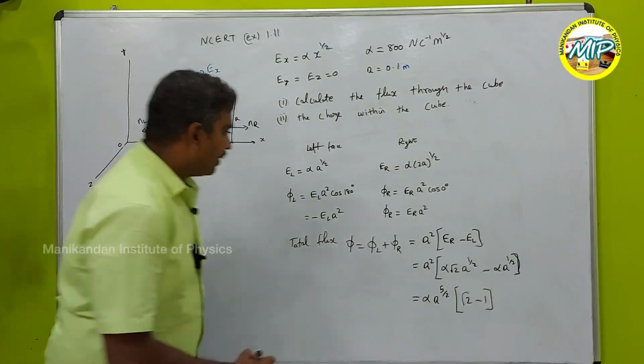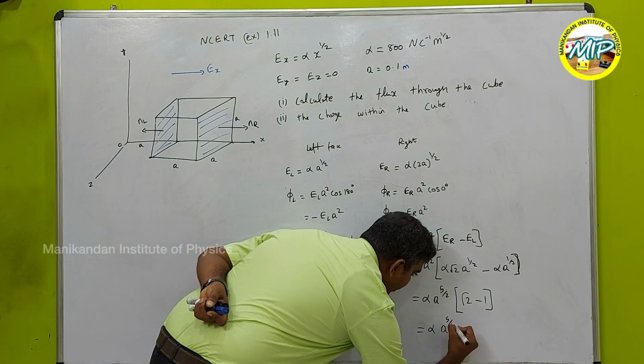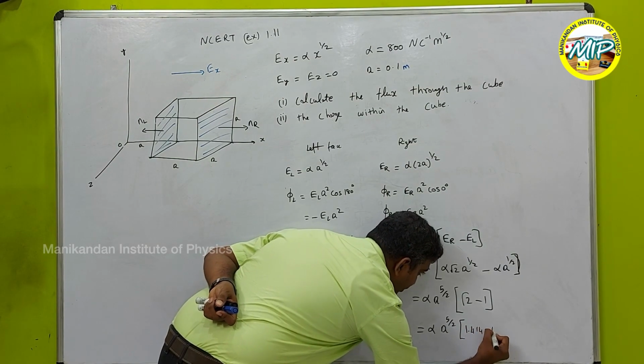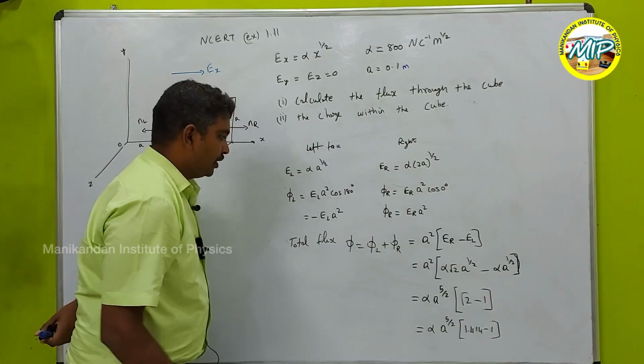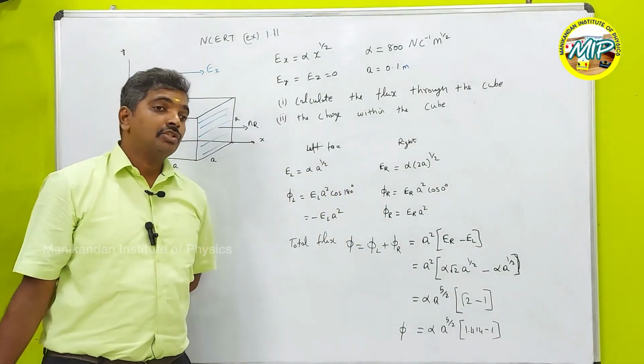If I simplify this, I am getting the value alpha times a power 5 by 2 times 1.414 minus 1. So this is the net flux through the cube.